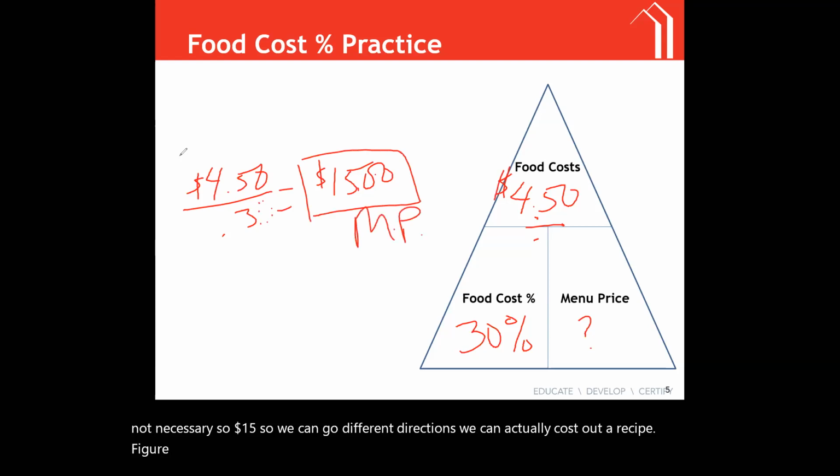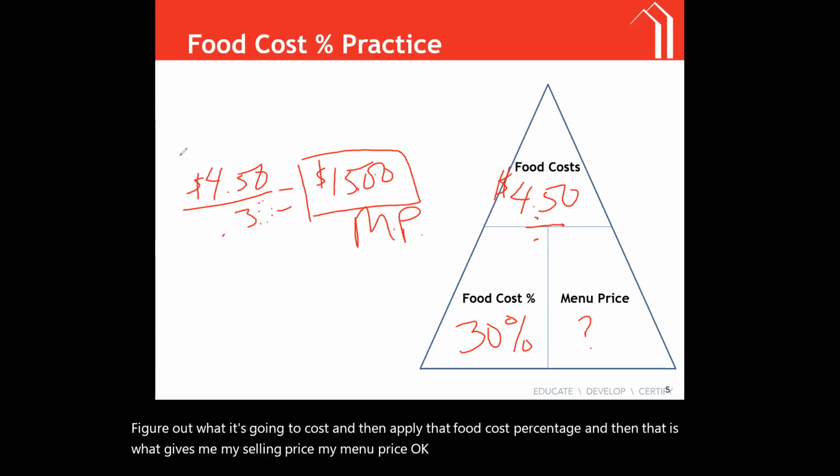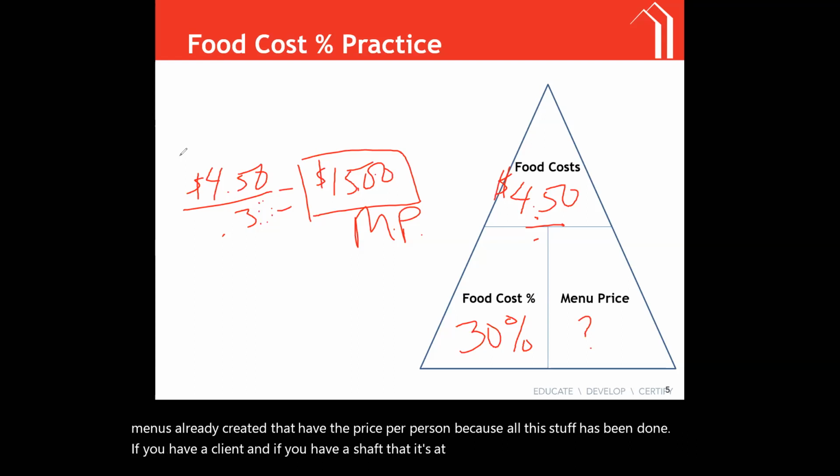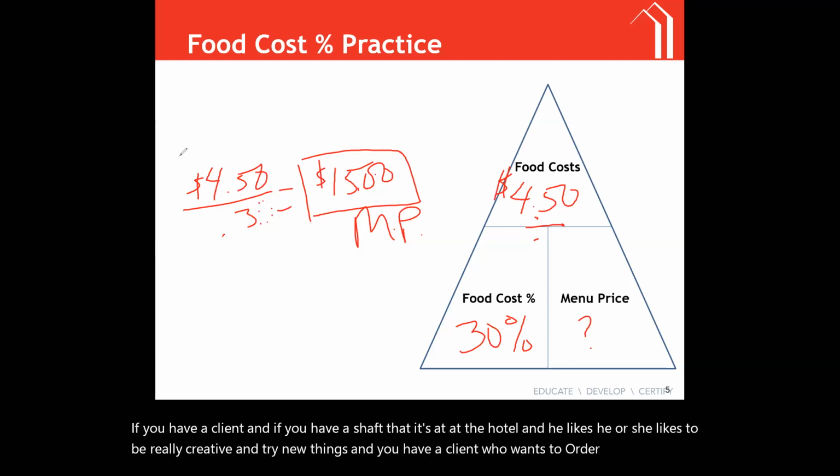Okay. So a lot of hotels already have catering menus created that have the price per person because all this stuff has been done. If you have a client and a chef at the hotel who likes to be really creative and try new things, and you have a client who wants to order off of the catering menu, well, this is how you get an opportunity to cost out things that are off of the catering menu.